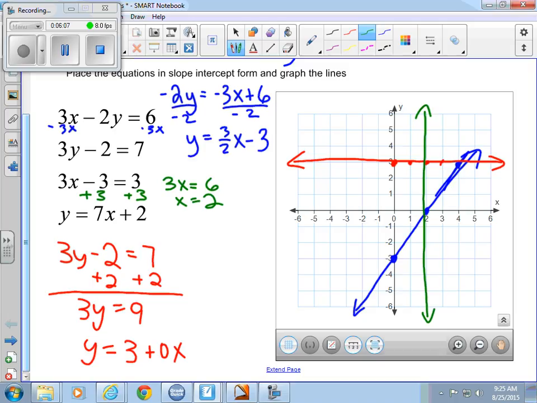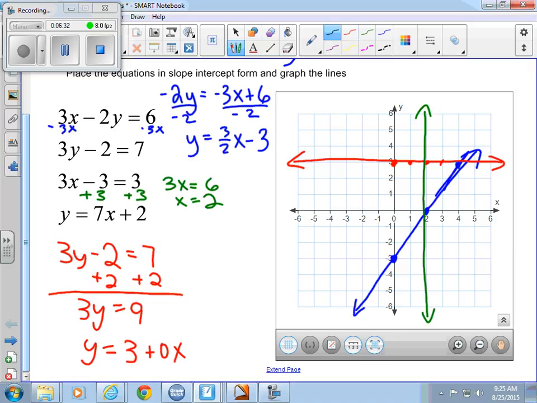So the red line, I can walk along it, I just don't go any higher, right? So 0 slope. If I walk along the green line, I fall off a cliff. That is undefined. I don't know if that helps you remember that or not. Somehow you remember. Horizontal line is 0 slope. Vertical line, undefined slope. And the last one is already in slope-intercept form.